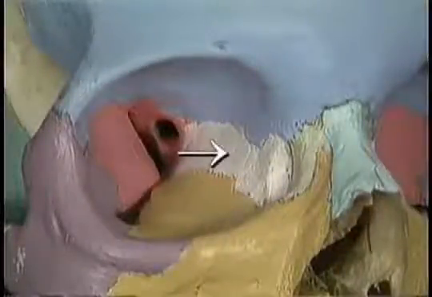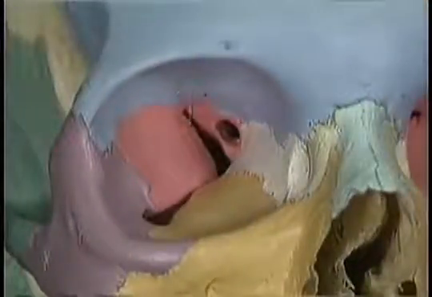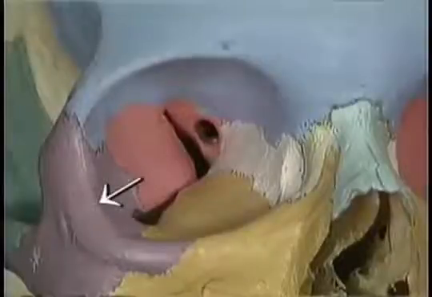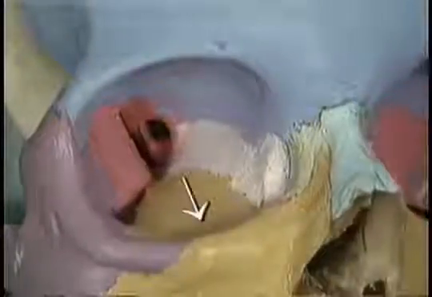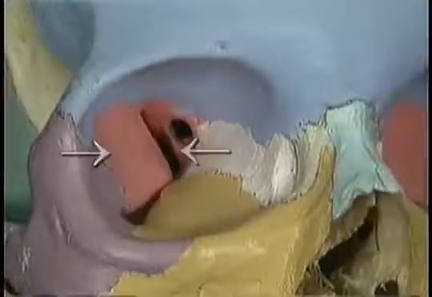As we saw in tape 4, several bones are involved in forming the orbit. Starting medially, this is part of the ethmoid bone, this is the underside of the frontal bone, this is the zygomatic bone, this is part of the maxilla, so is this, and this is the lacrimal bone. Back here are the greater and lesser wings of the sphenoid bone.